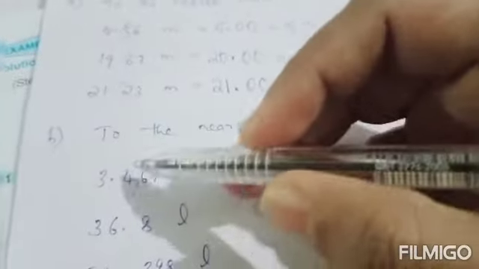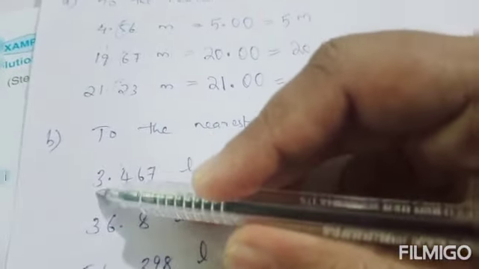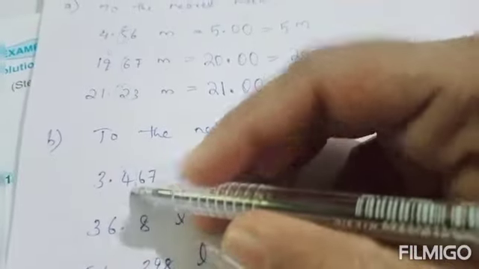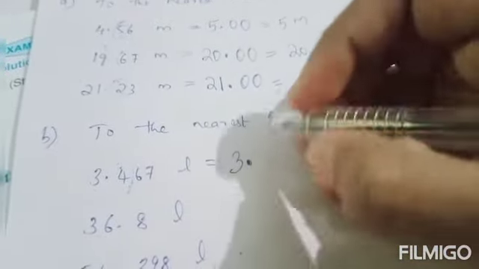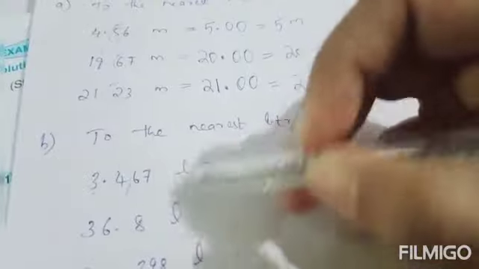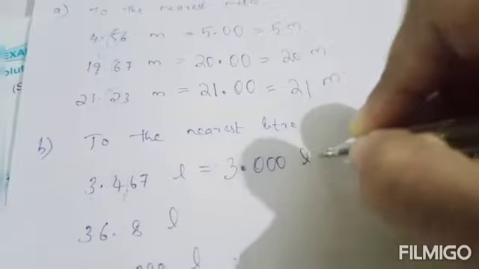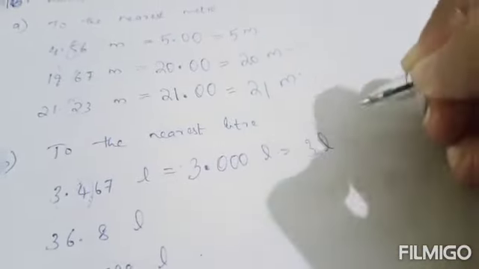So here 4 is coming in the tenths place. 4 is less than 5. So no need to change the ones place digit. You will get 3 point. After the decimal point you can put 0. 3.000 liter means 3 liter.